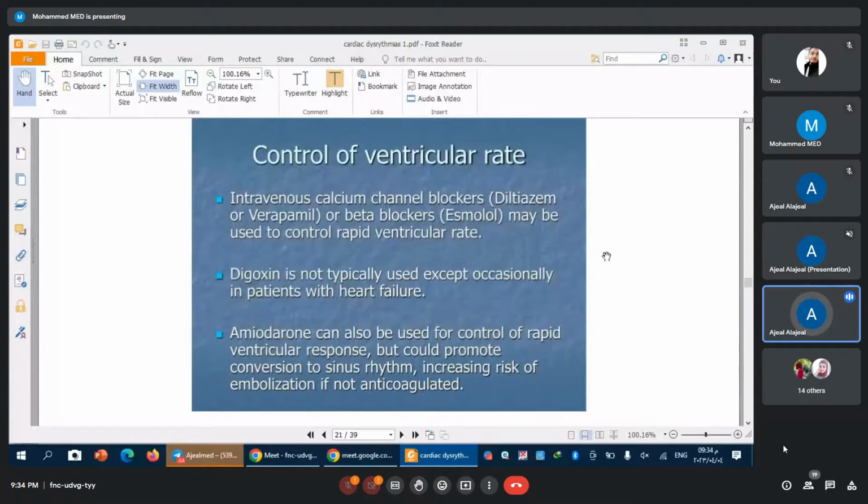If the rate is too fast, I will decrease it, and if it was fast but now it's satisfactory, I will reduce the rate. So it is a very manageable drug, but again, amiodarone by infusion should always be given under monitoring. Next slide, please.